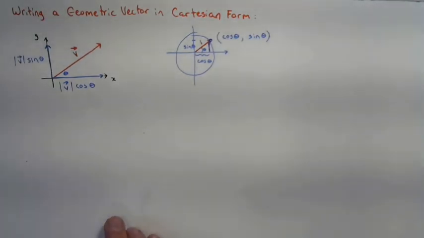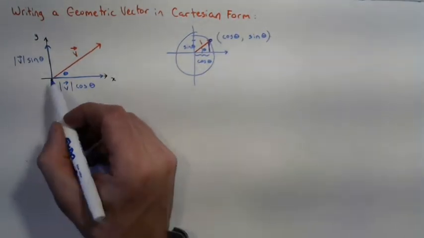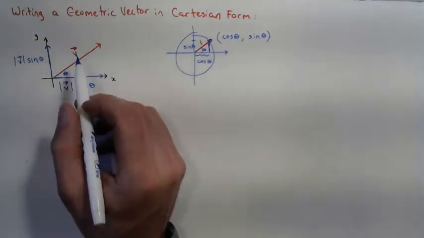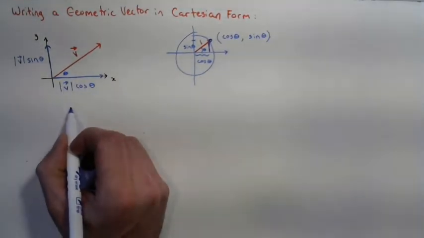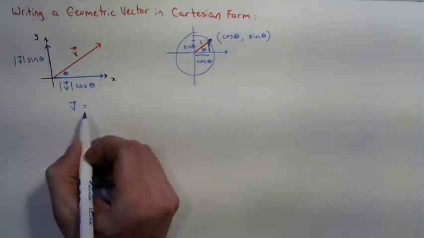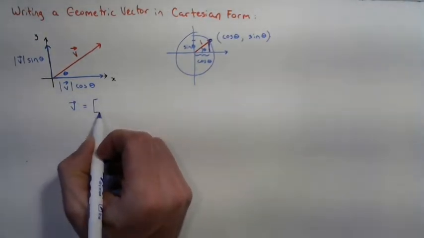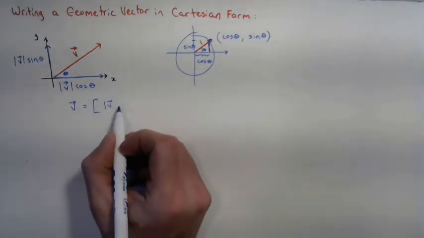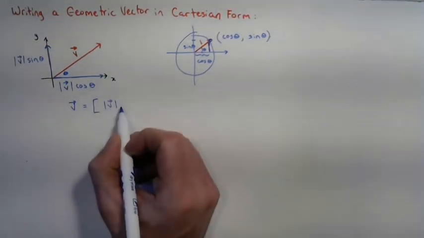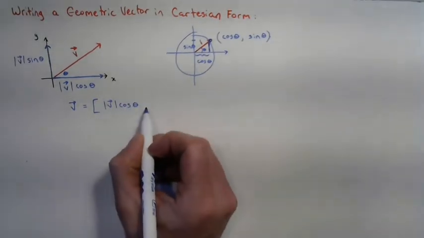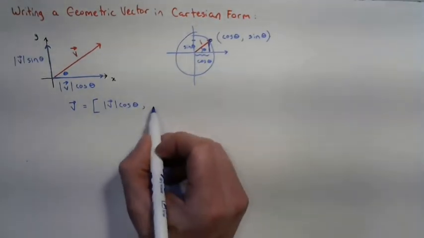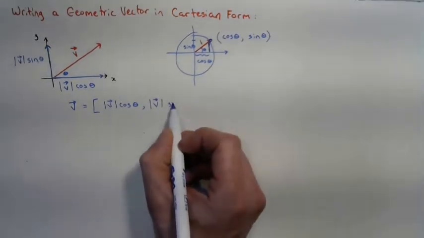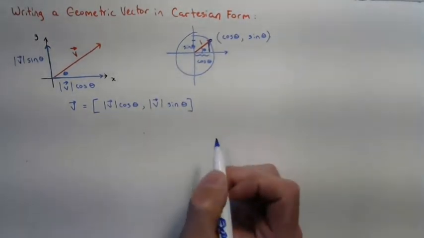So that tells us that the vector v, while it was any geometric vector with value v, as a Cartesian vector is equal to: its x-coordinate is the absolute value of v times the cosine of theta, and its y-coordinate is the absolute value of v times the sine of theta.